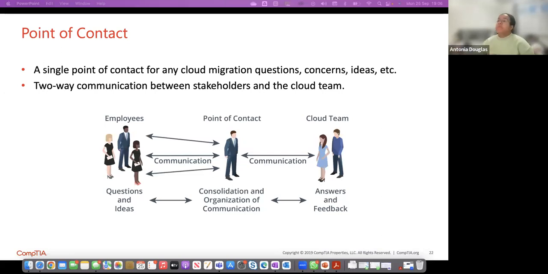From my own personal experience, moving an asset to the cloud is a major project, so ensuring communication is maintained across all your stakeholders is just imperative.